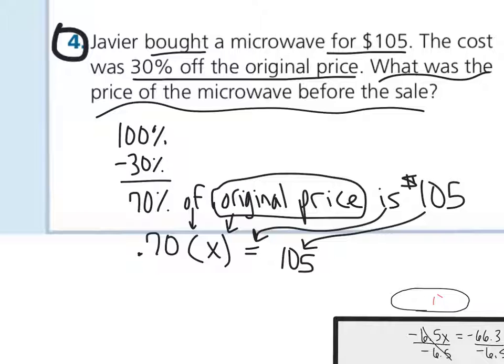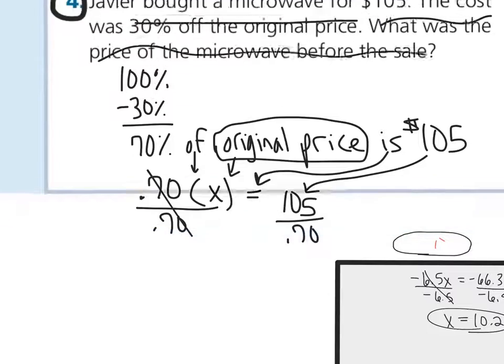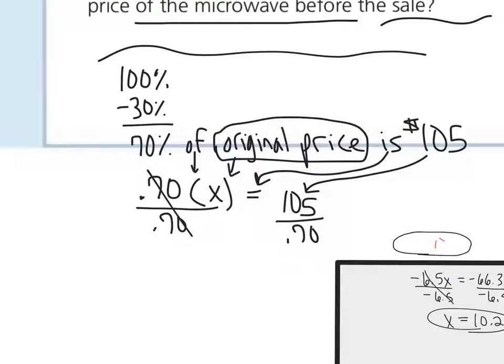At that point, we have an equation that we can solve. At this point, they're multiplying, so we can divide by 70/100. When you divide, you're dividing by something smaller than 1, so you're going to get a bigger number, and that should come out to $150.